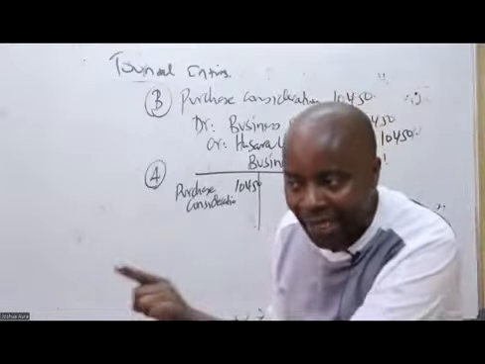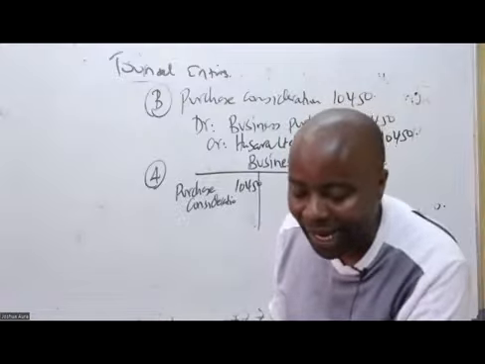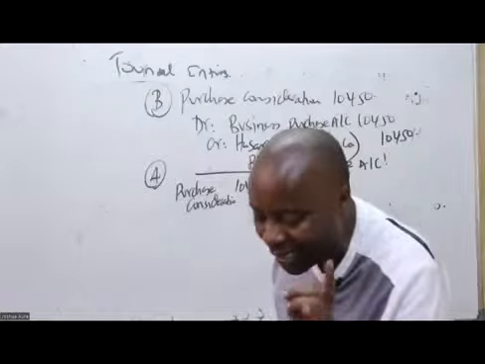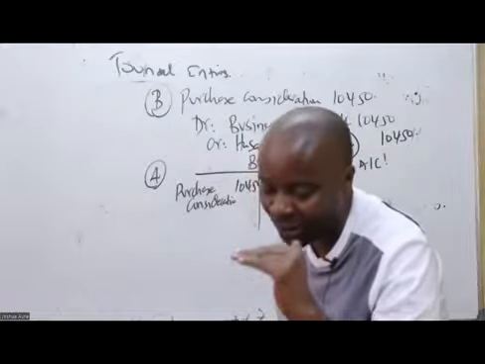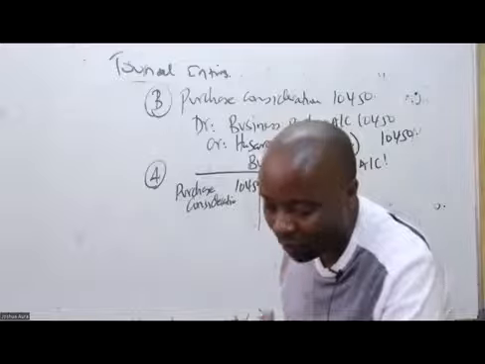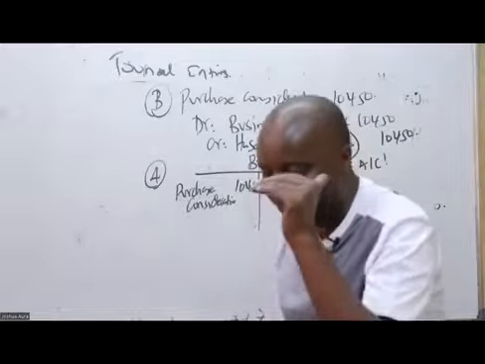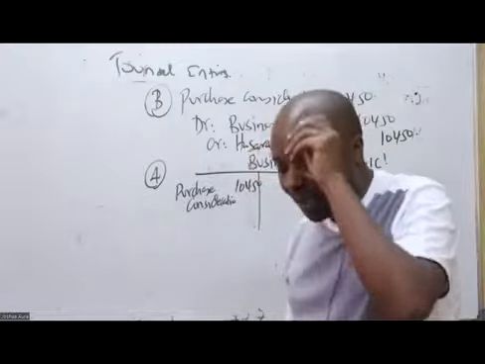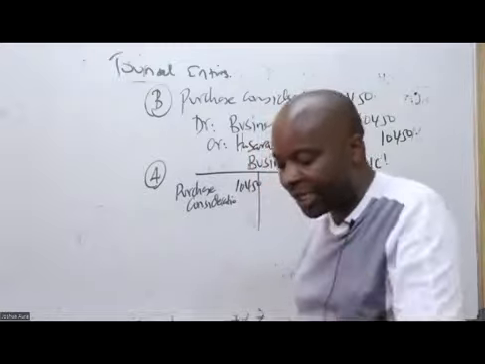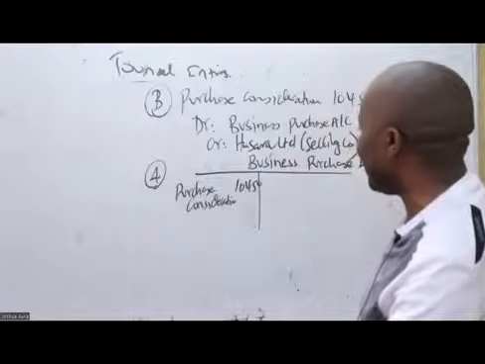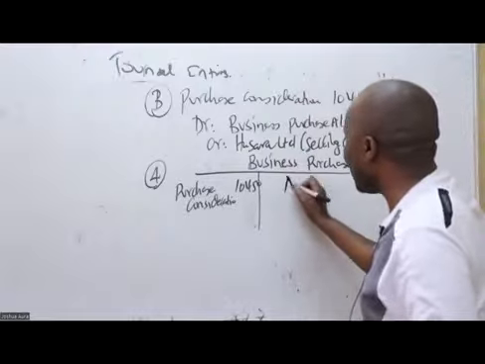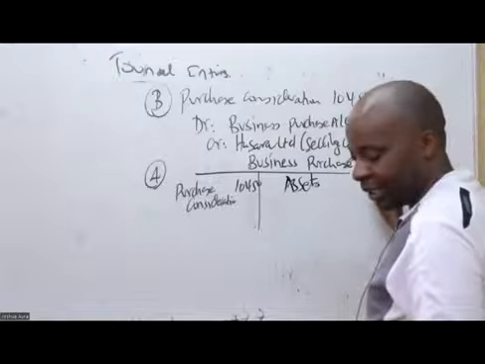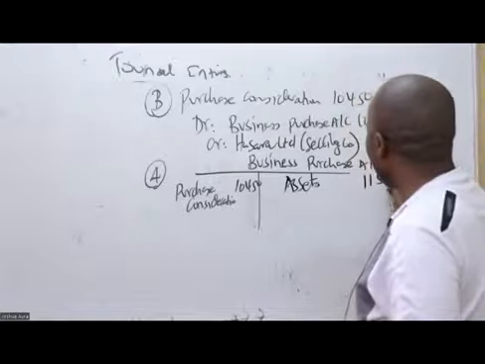Now, ladies and gentlemen, remember, you've told me to take two things to the purchase consideration. For the assets taken over, I can see debit PPE, debit AFS, debit inventory, and then credit business purchase 11,599. So here we have assets taken, 11,599.